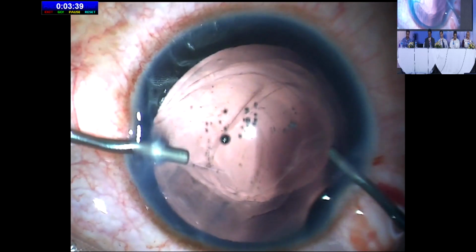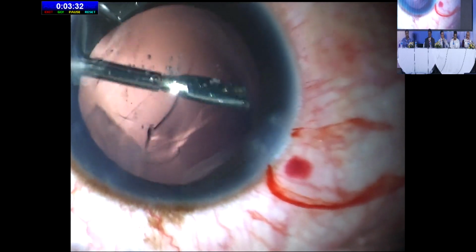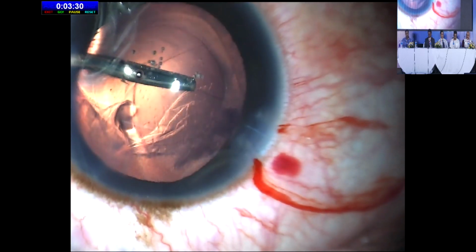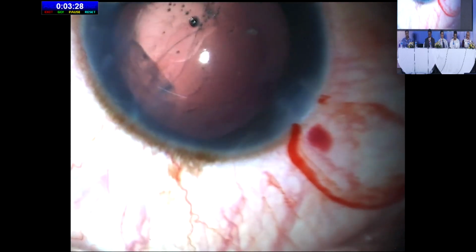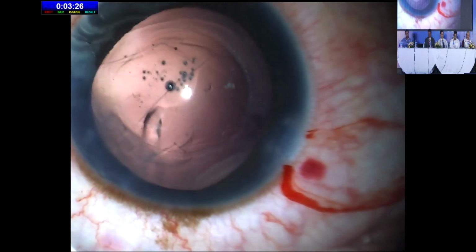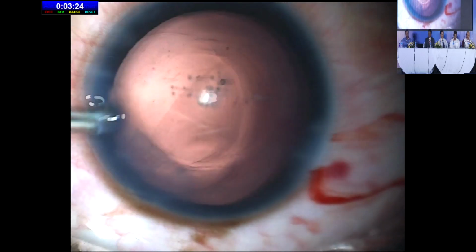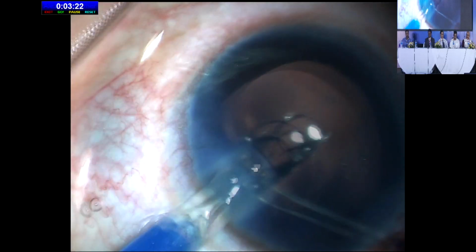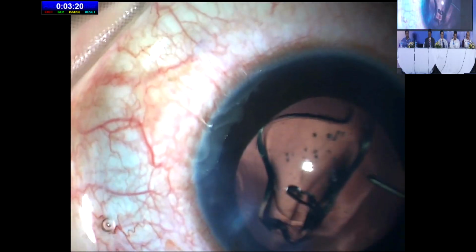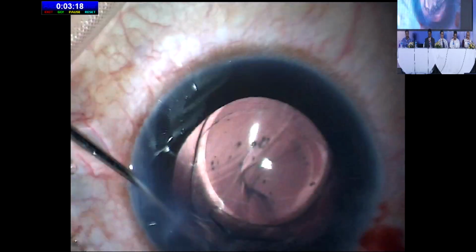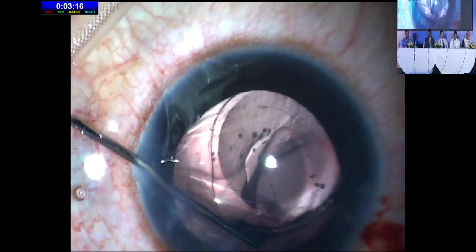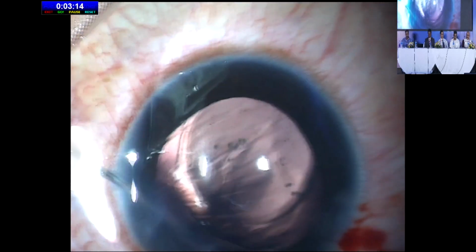We now proceed to convert the tear in the posterior capsule to a stable one. We do so by holding on to the ragged tear in the posterior capsule with the help of an intraocular forceps and converting it into a stable opening. Having been successful in converting the opening in the posterior capsule to a stable one, we now proceed to implanting a single-piece monofocal IOL carefully within the capsular bag.